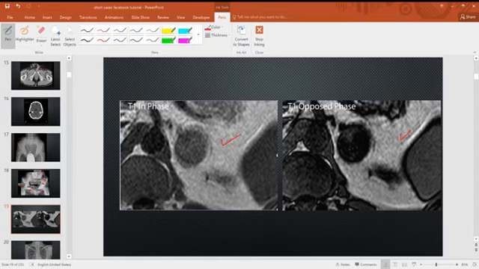This is classic for lipid rich adrenal adenoma, and there is no further treatment or investigation for this patient.